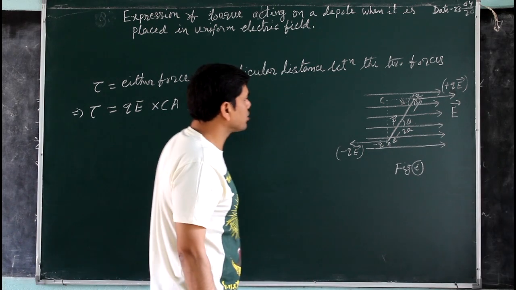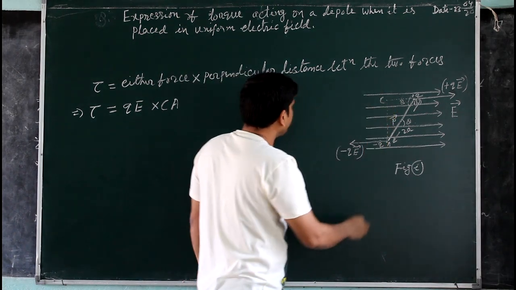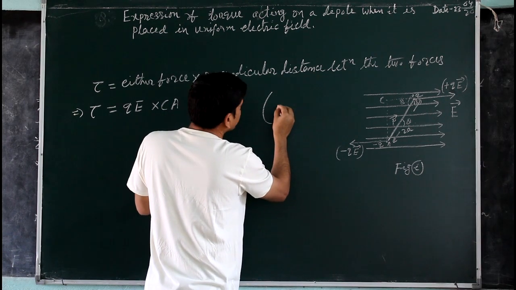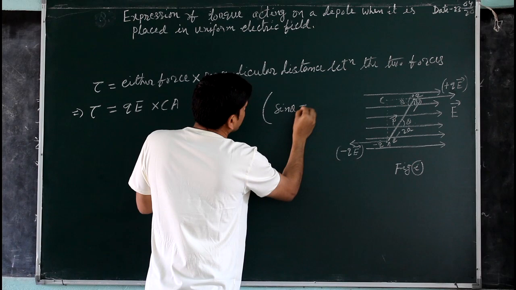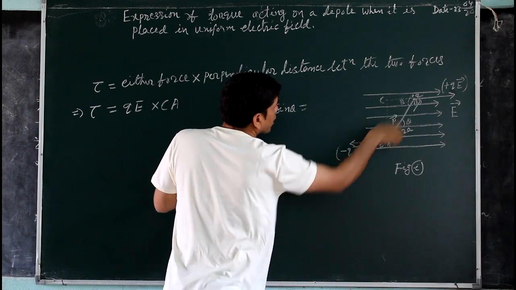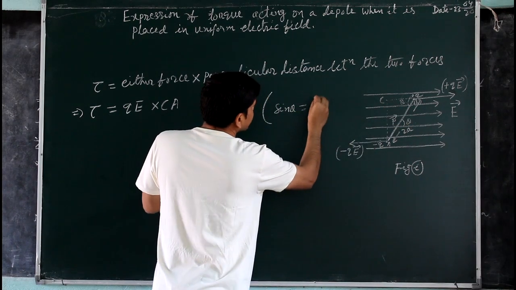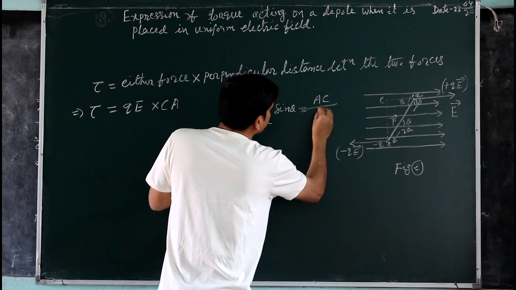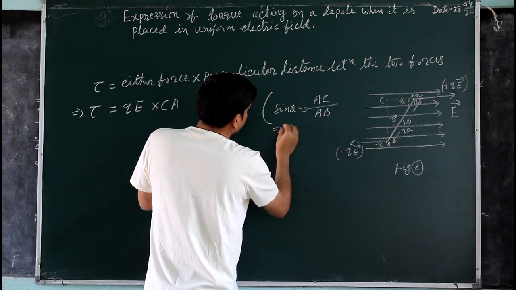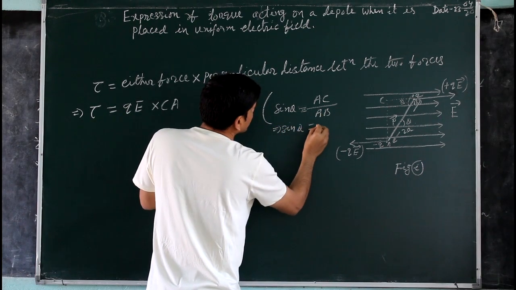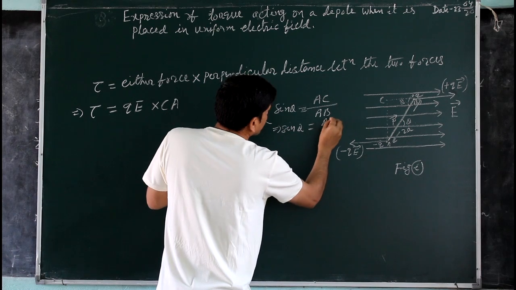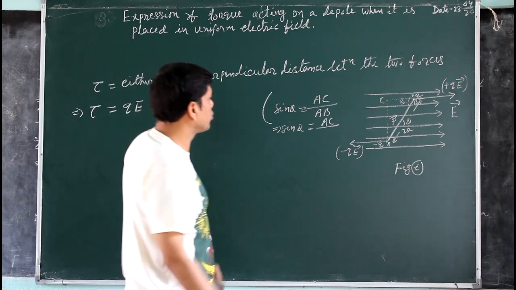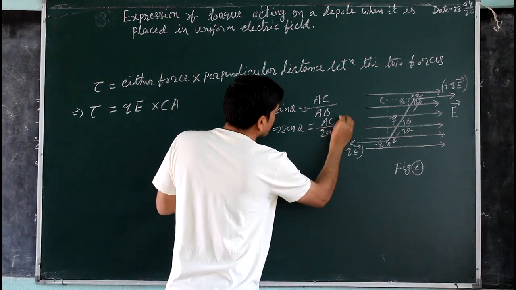So by using the trigonometric formula we can find that sin theta, as we know, is perpendicular by hypotenuse. Here perpendicular is AC and hypotenuse is AB. So sin theta equals AC by AB. AB here is equal to the dipole length, which is equal to 2A.